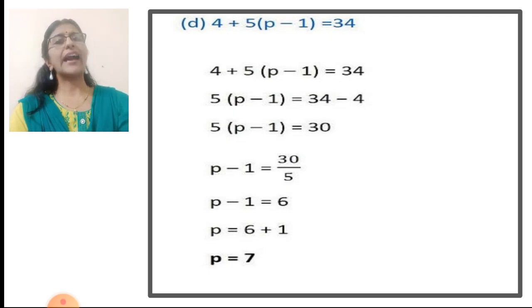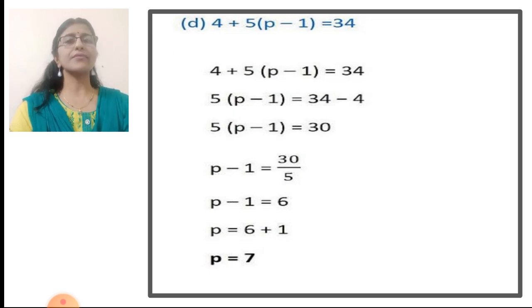Now you can see 5(p minus 1), and p minus 1 is enclosed in a bracket. Now to remove the bracket, 5 is outside the bracket and it is multiplied. So to remove the bracket, we will have to divide, because here 5 is multiplied. So to remove 5 and the bracket, we have to divide both sides of the equation by 5.